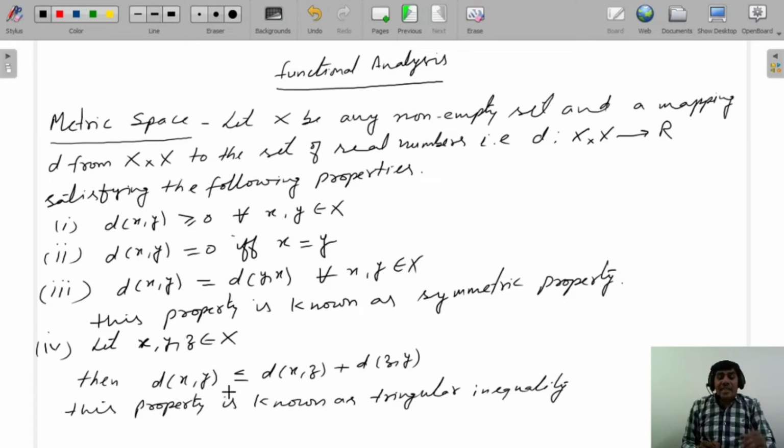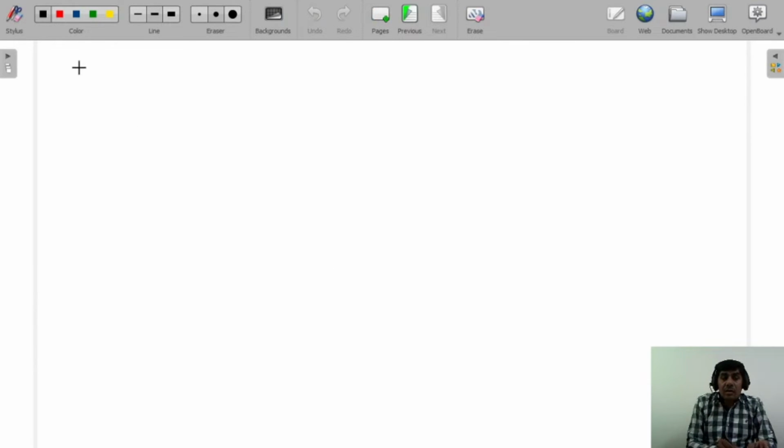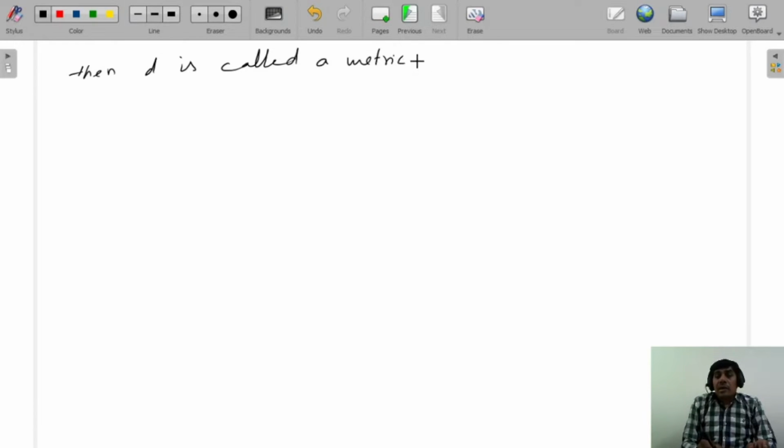If any set satisfies these four properties with mapping D, then D is called a metric. In simple language, we can say D is a distance.